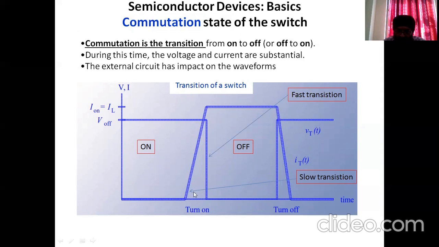There is a delay from this state to this state. And for this one, there is no delay. Instantaneously, this signal falls from high value to zero value. So the transition is very fast, in zero time, ideally. But in practice, it takes some time to rise, and it takes some time to fall, causing slow transition.